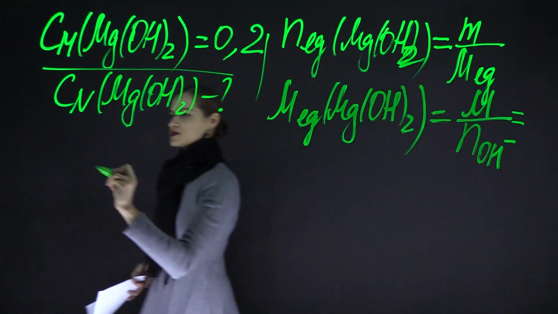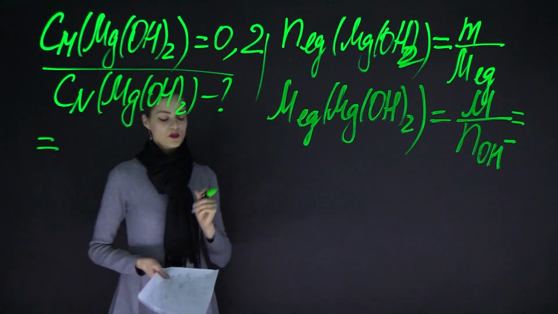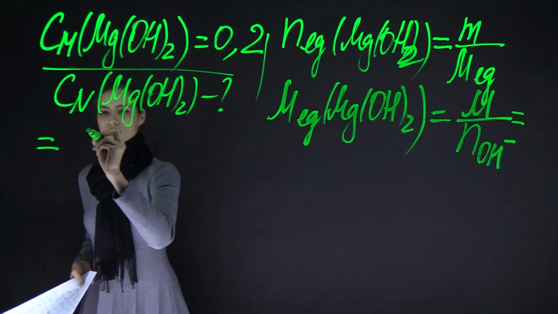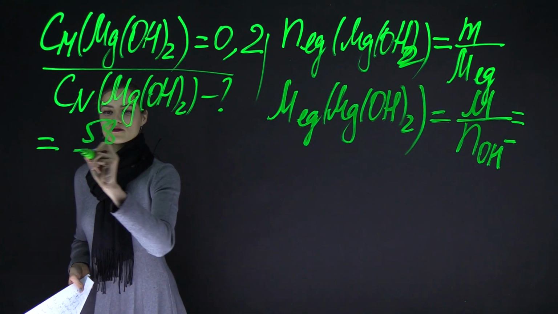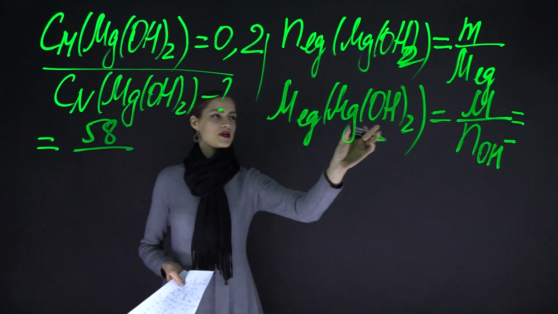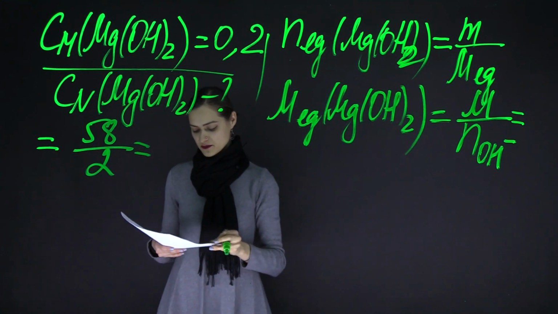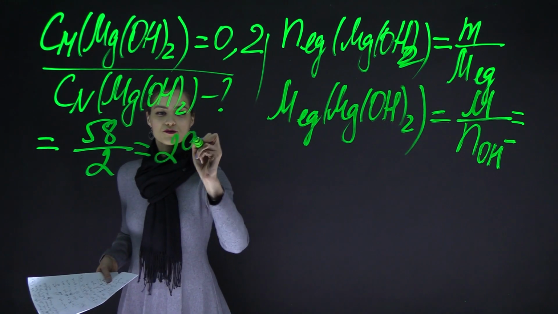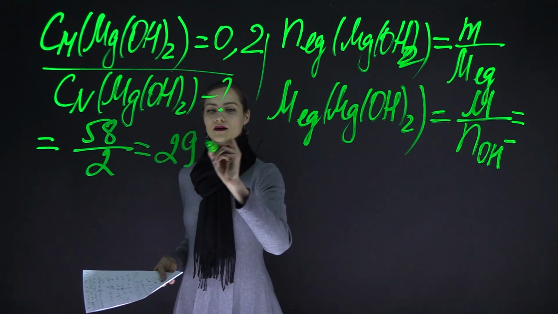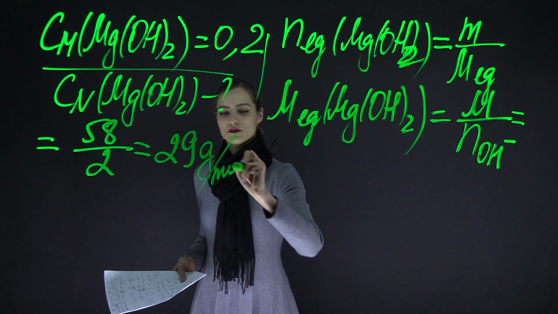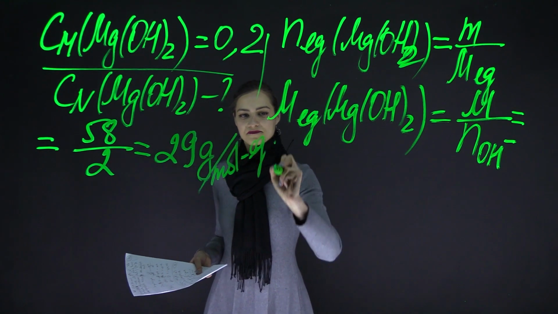In our situation, the molar mass of this substance equals 58 grams, and you see that we have 2 hydroxyl groups, so the equivalent mass in this situation is 29 grams per mole equivalent.